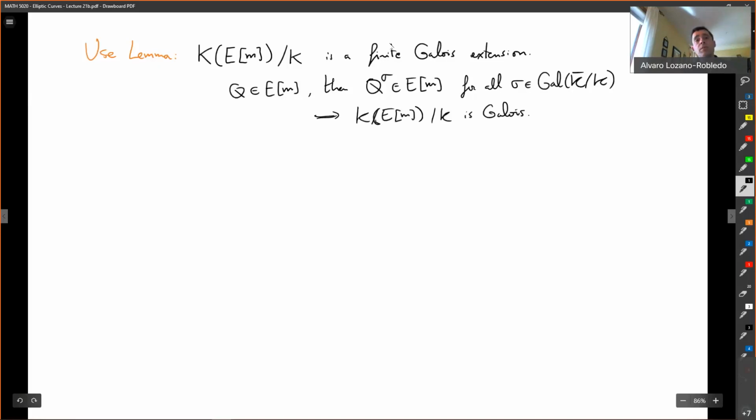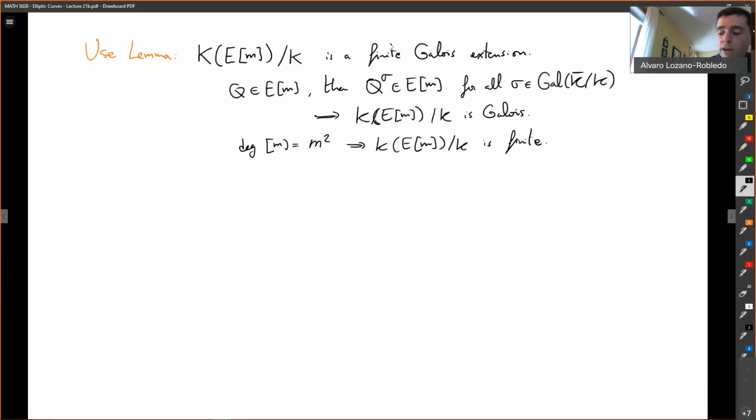And it is finite because the kernel only has M squared points. So you just have to adjoin the coordinates of M squared points, and therefore it's finite. The degree of M is M squared, which tells you that K(EM) over K is finite.